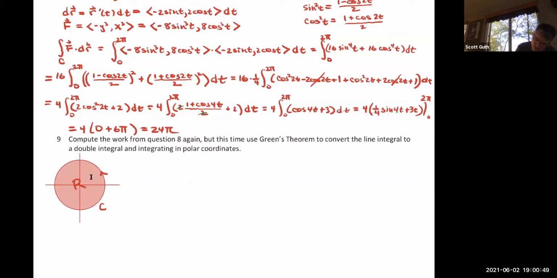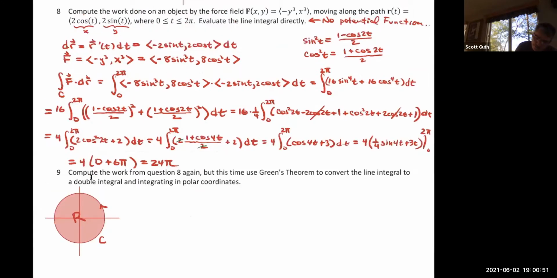Okay. So what we know is Green's theorem. Let's see if I can remember it. So we have a line integral, and this was a closed loop. So I'm going to put a loop around this thing just to indicate that it was a closed loop on our line integral, counterclockwise orientation. Okay, so Green's theorem says that this thing, closed loop of, I'll go ahead and write F dot dr here for work.